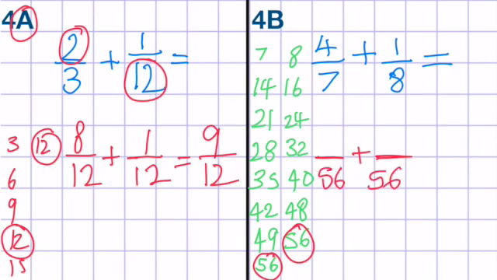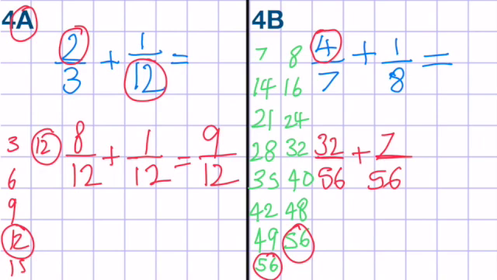So 7 times 8 is 56. So we do the same thing to the top number. We do 4 times 8, which is 32. And then on this side, we've done 8 times 7, so we do 1 times 7, which is 7.